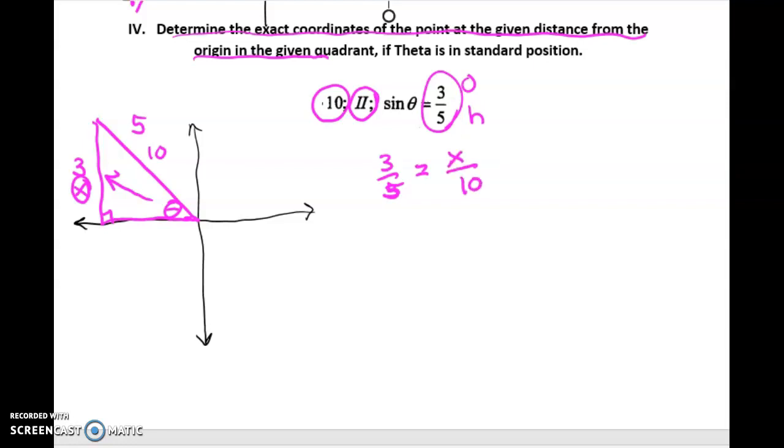Okay, so what would my value be? I could cross multiply: 5 times the value is equal to 30. So it would have to equal 6. You see what I'm saying? 6/10 still reduces to 3/5.